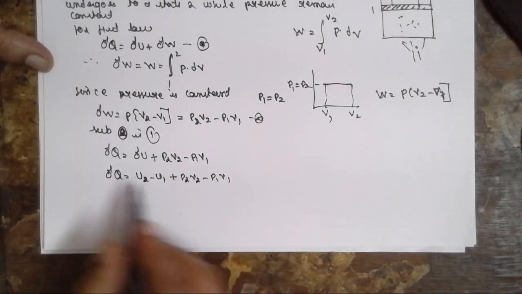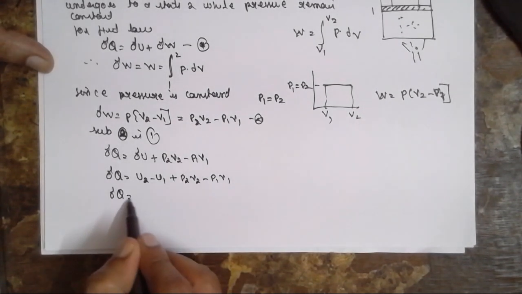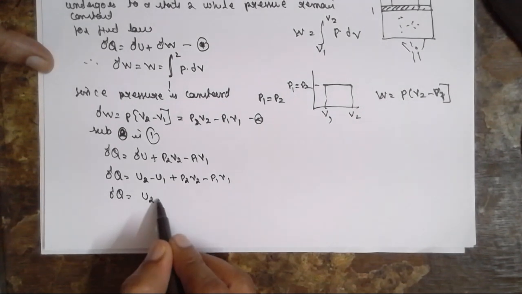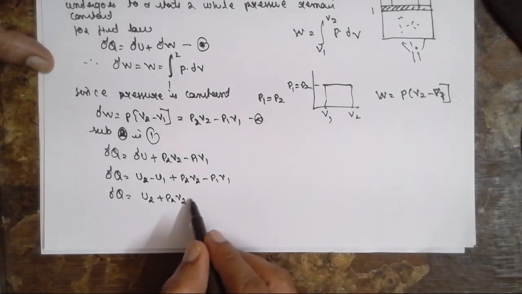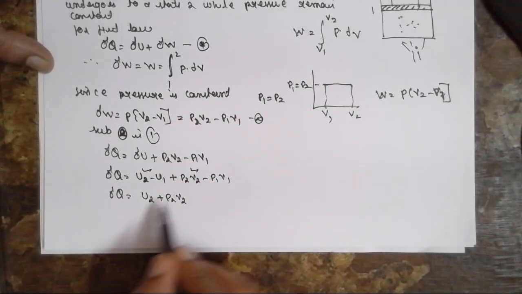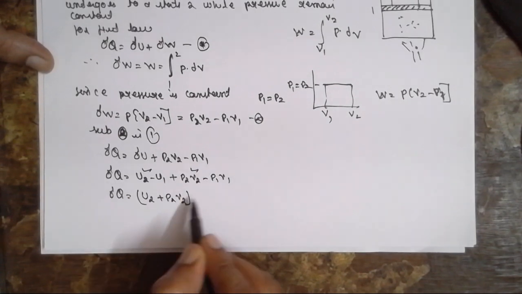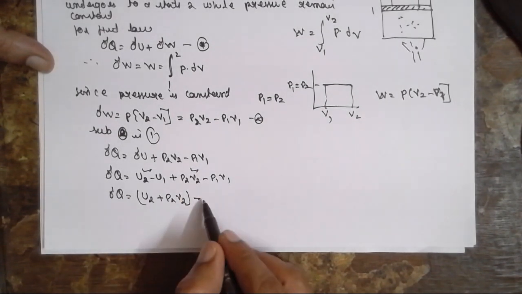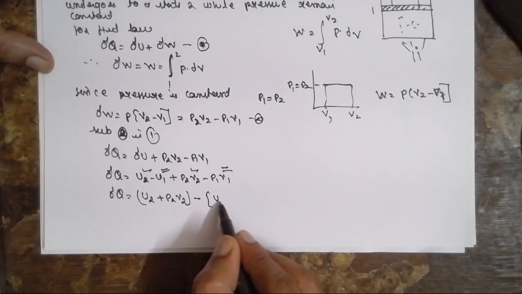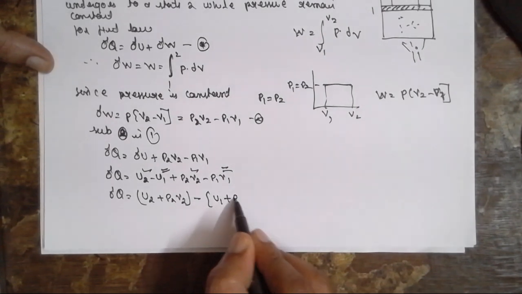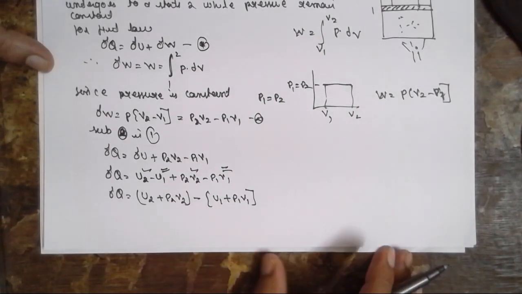Let us rearrange it. Delta Q is equal to (U2 plus P2 V2), considering these two first, close the bracket, minus (U1 plus P1 V1), considering these two terms.